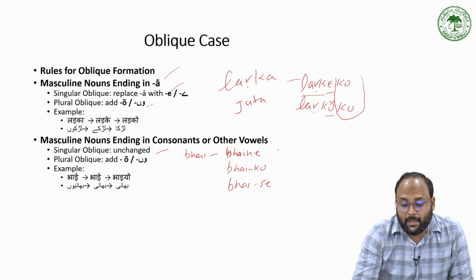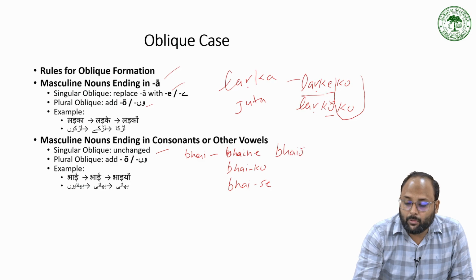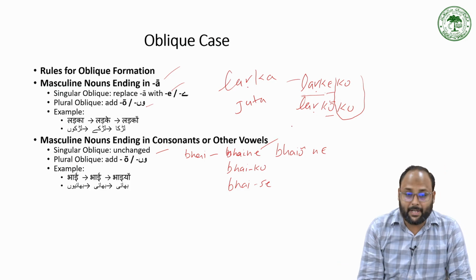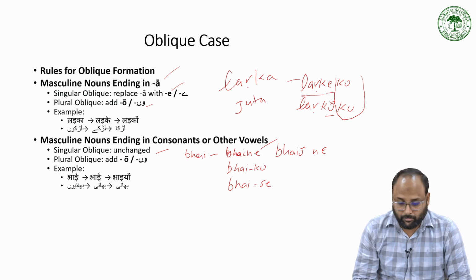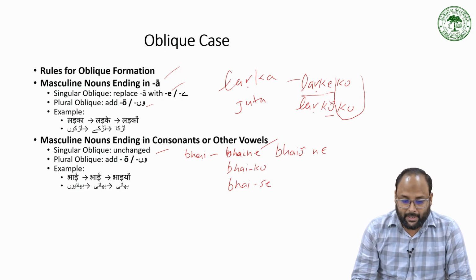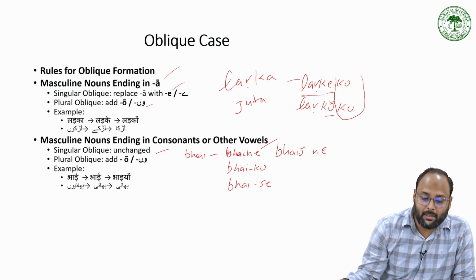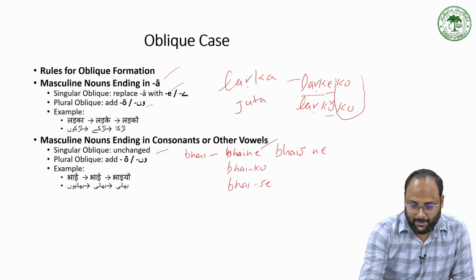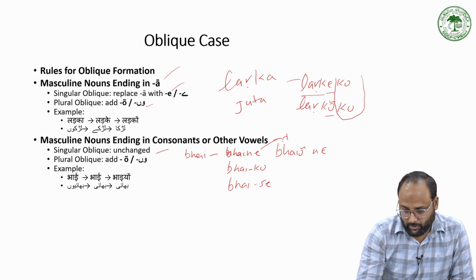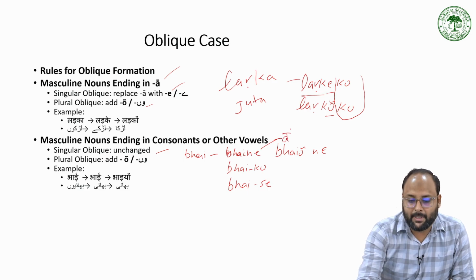For plural, we are adding the o marker: भाइयों ने, भाइयों को, भाइयों से. But for singular, it will not change, भाई ने, when we are adding the postposition. So that is the example of consonant ending or a vowel other than a. When the ending is a, it is replaced by e or o, e for singular, o for plural.